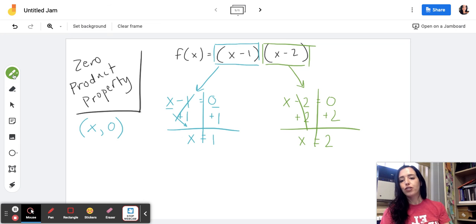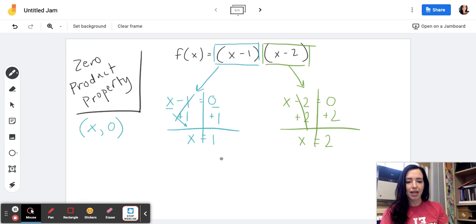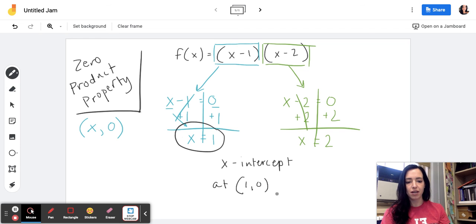All right? So what this means is that I have an x-intercept. I have multiple. I have 2. I have one at 1, 0, right? That's this one right here. And I have another one at 2, 0, and that was this one right here. So you can think of that like on a graph.